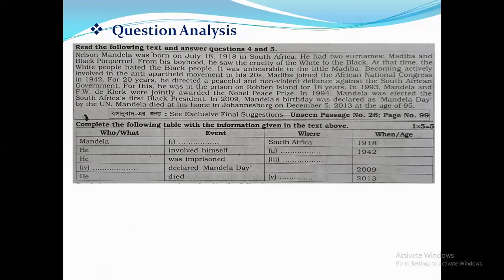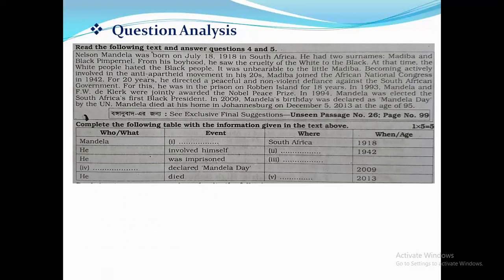Now, let's read the text at first. Nelson Mandela was born on 18th July 1918 in South Africa. He had two surnames, Madiba and Black Pimpernel. From his boyhood, he saw the cruelty of the white to the black.